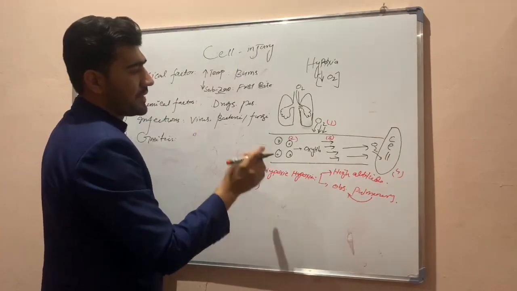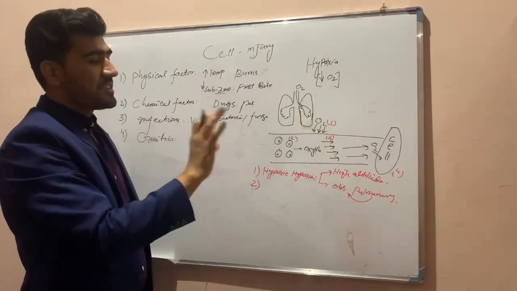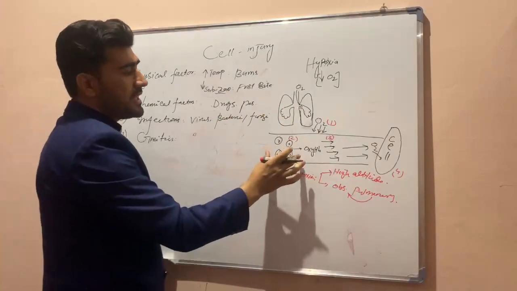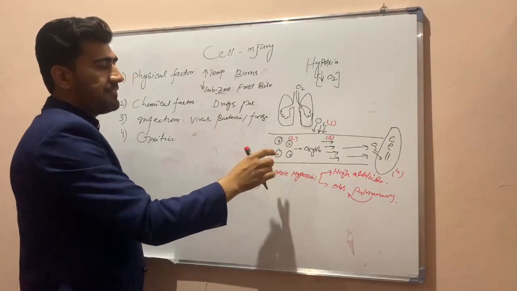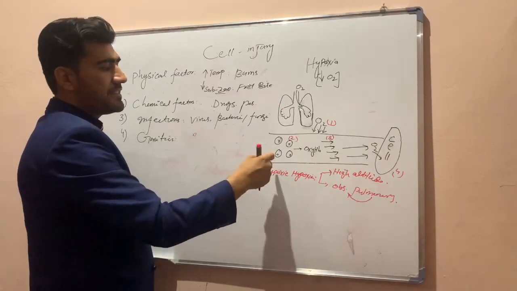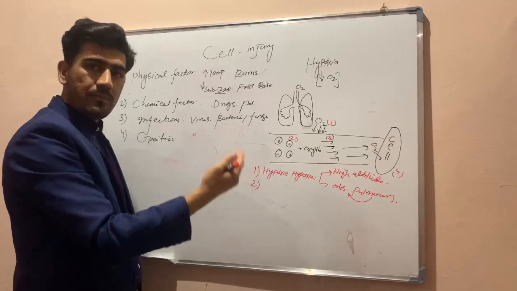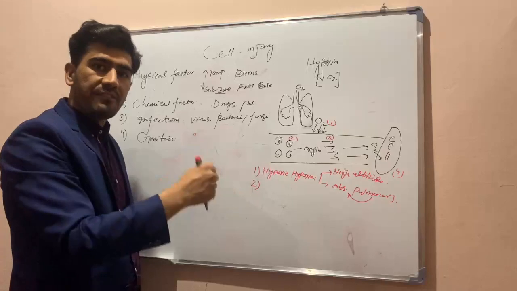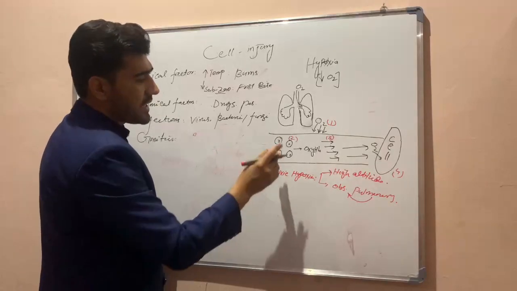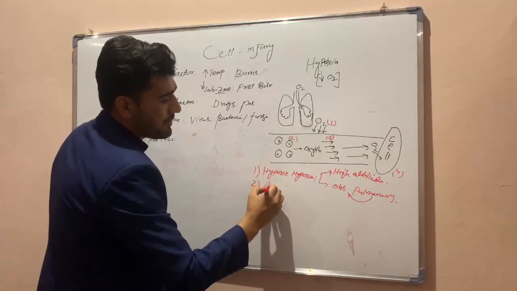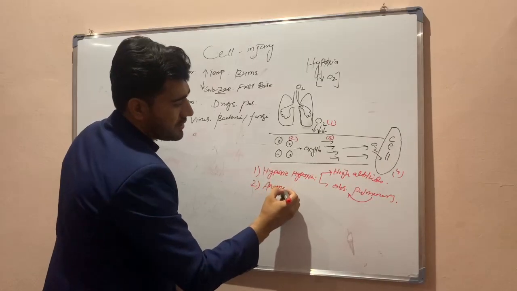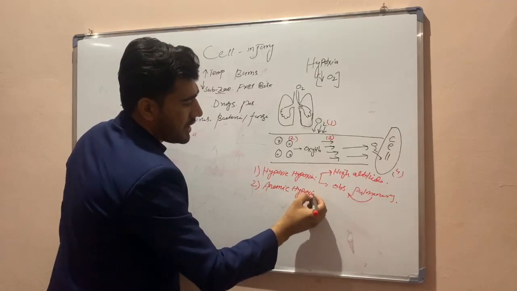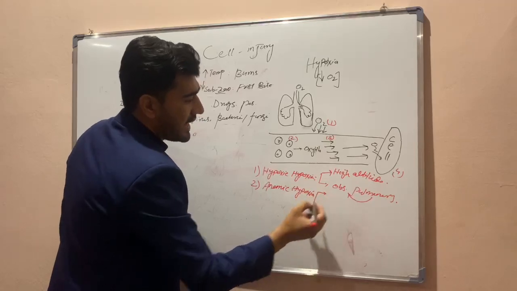Number two, if the partial pressure of the oxygen is normal, but there is a defect in the hemoglobin, if there is a decreased level of hemoglobin, or if there is a normal level of hemoglobin but it is non-functional, this condition is called anemic hypoxia. Anemic hypoxia occurs in two conditions.